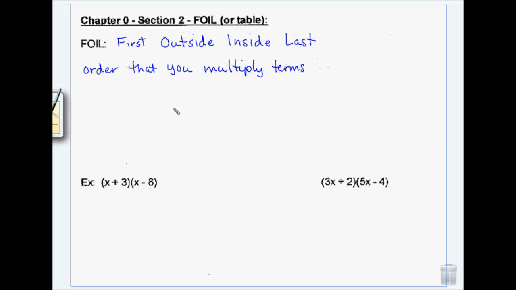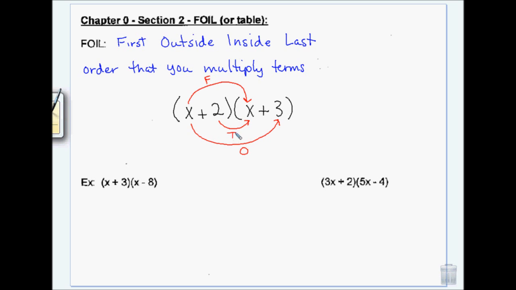Okay, so if I have two binomials and I'm multiplying them, I'm going to multiply the first two, then the outside two, then the inside two, and then the last two.